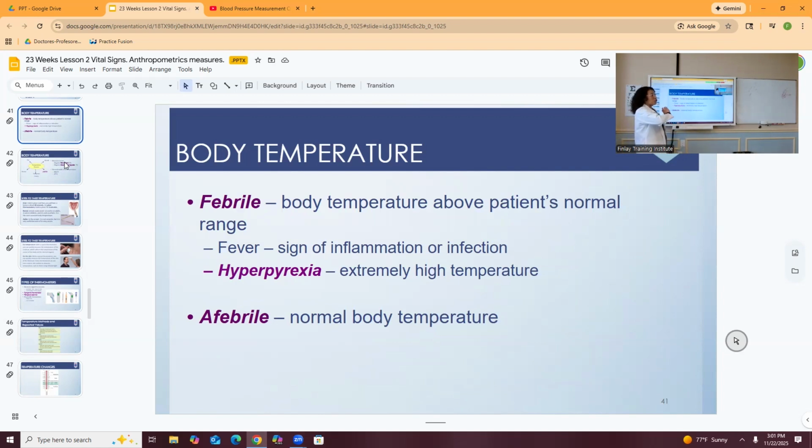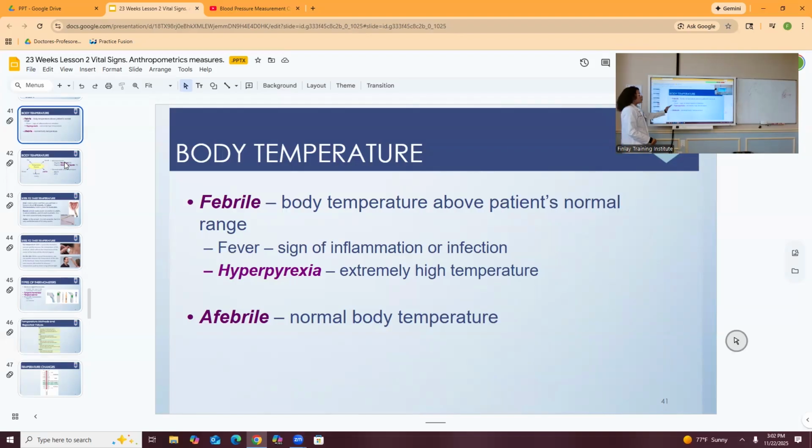Hyperpyrexia is extremely high temperatures, something above 105 degrees, okay? So if you have a patient coming to your clinic and you take the temperature and it's 106 Fahrenheit, this patient is febrile, but he is in hyperpyrexia, okay? And this means that this patient can be in shock from any sepsis, states that require extremely high temperatures.